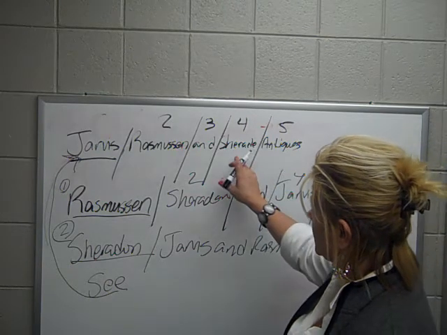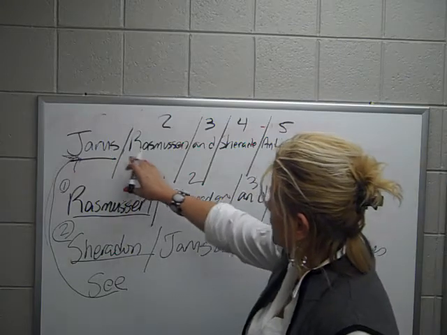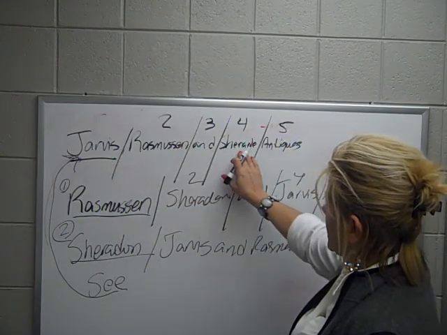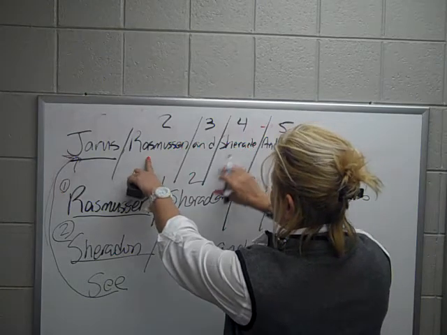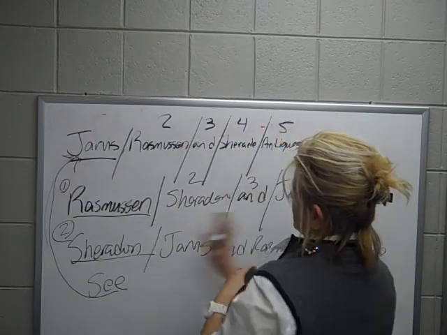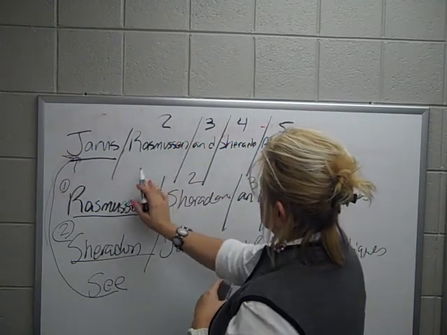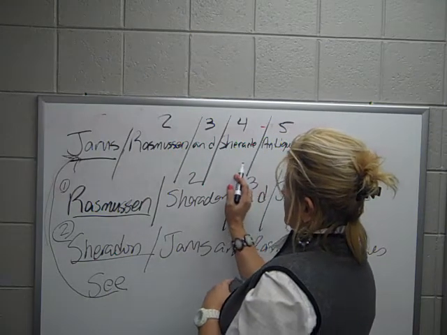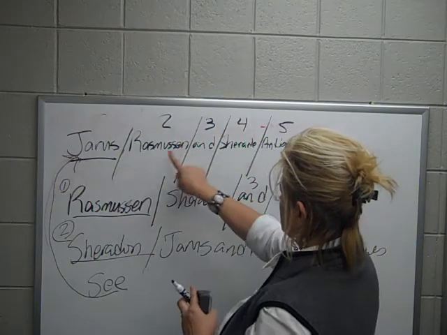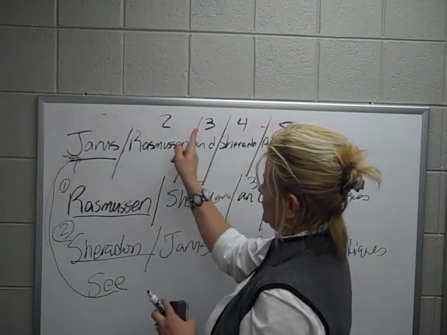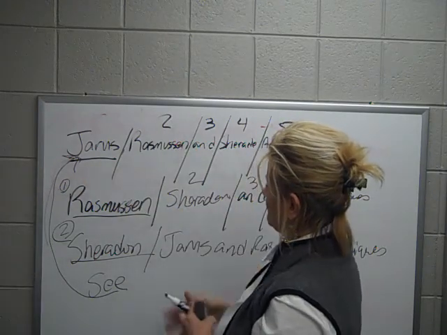And if you look again, look at this one, Jarvis, Rasmussen, and Sheridan. Okay, so we'll start with this one here for the second one. Okay, so we go back again. We're going to go Rasmussen, Sheridan, Jarvis. You see, you're going back around like that right there. Okay?